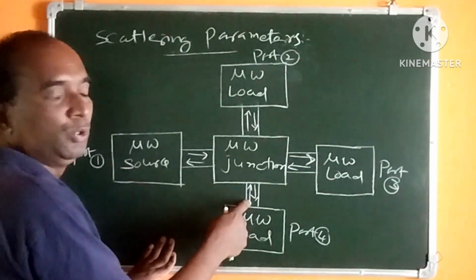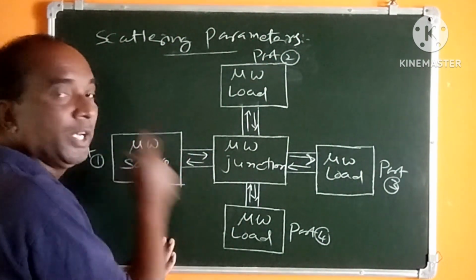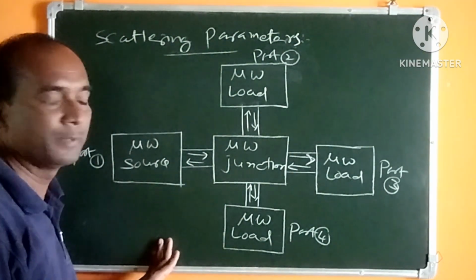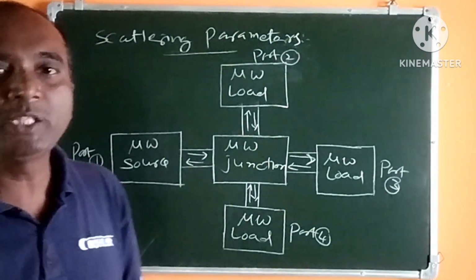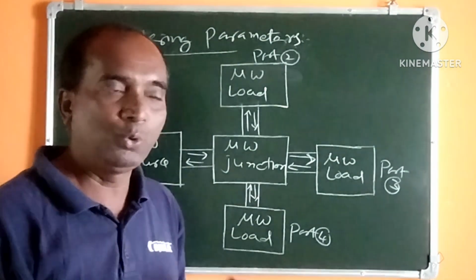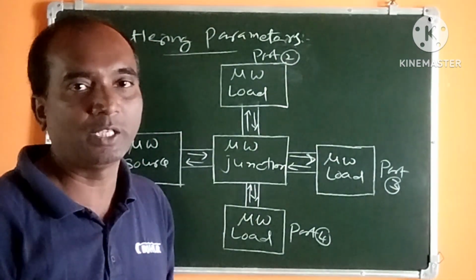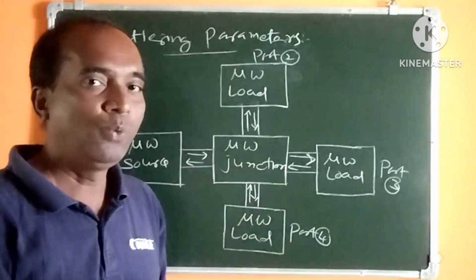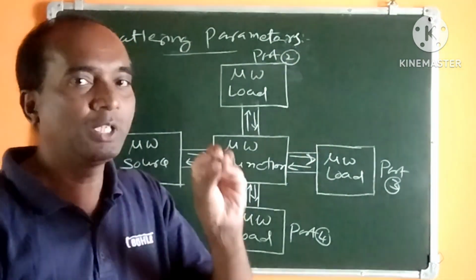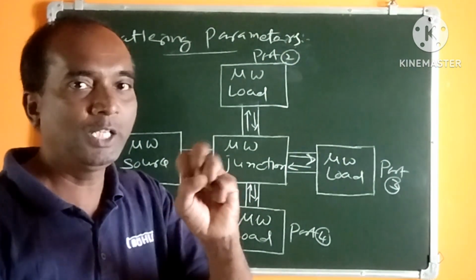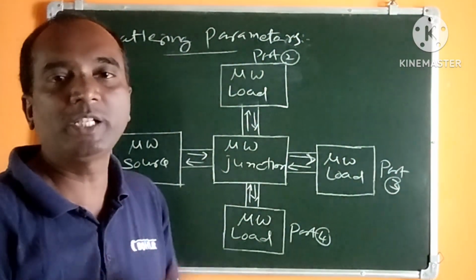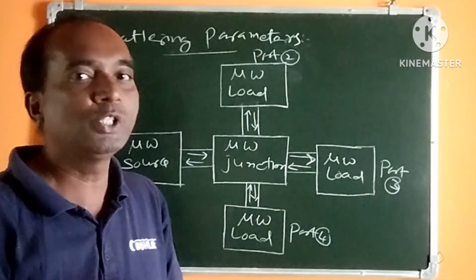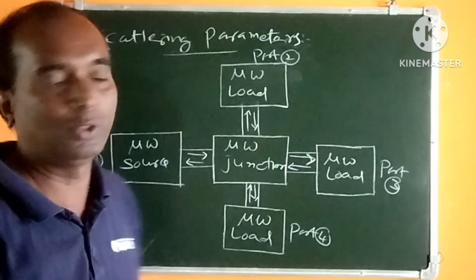It may also be possible for it to come out through port 1 itself, because if all the ports are perfectly matched with the junction, then whatever power comes to that port will be completely absorbed by that port. If there is a mismatch with the junction, then there is a possibility of reflection at that particular port.